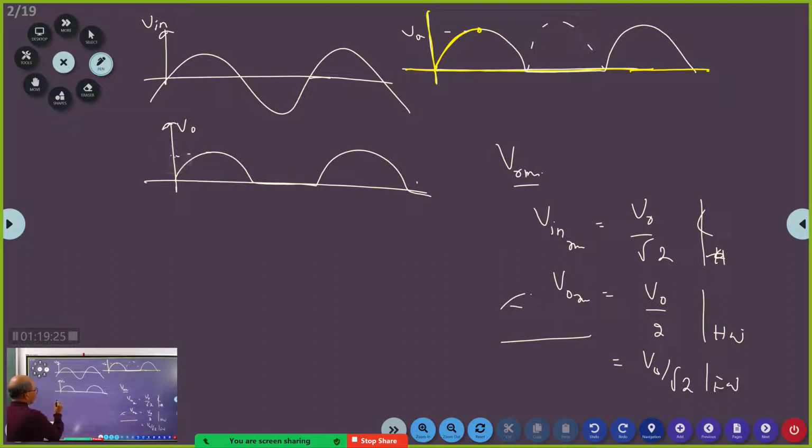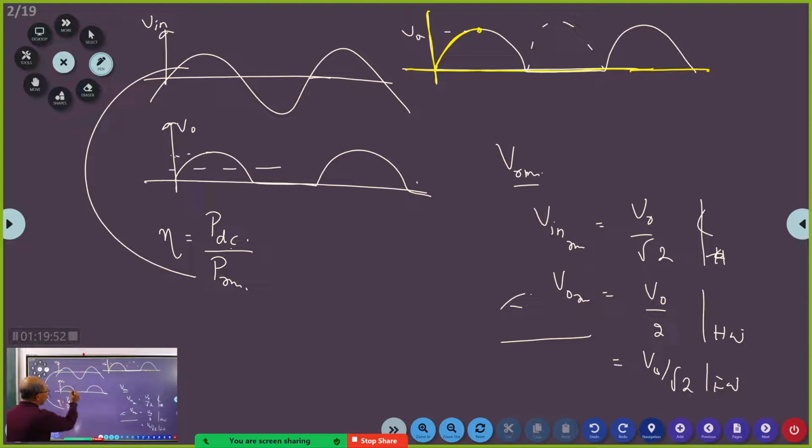Now efficiency is useful output power. The useful output power here is PDC. And what is the input? PDC for the output divided by Pin. Pin is the RMS value of the power of the input. PDC is the DC power of the output. Correct?